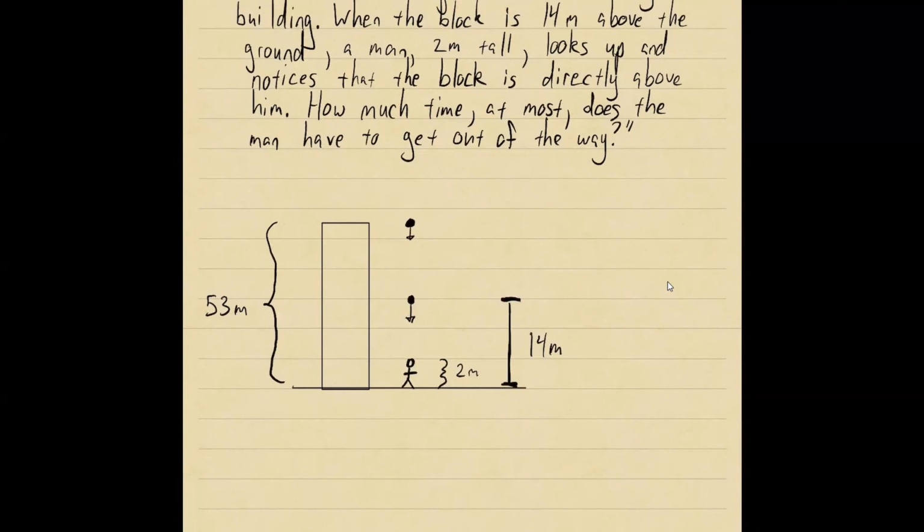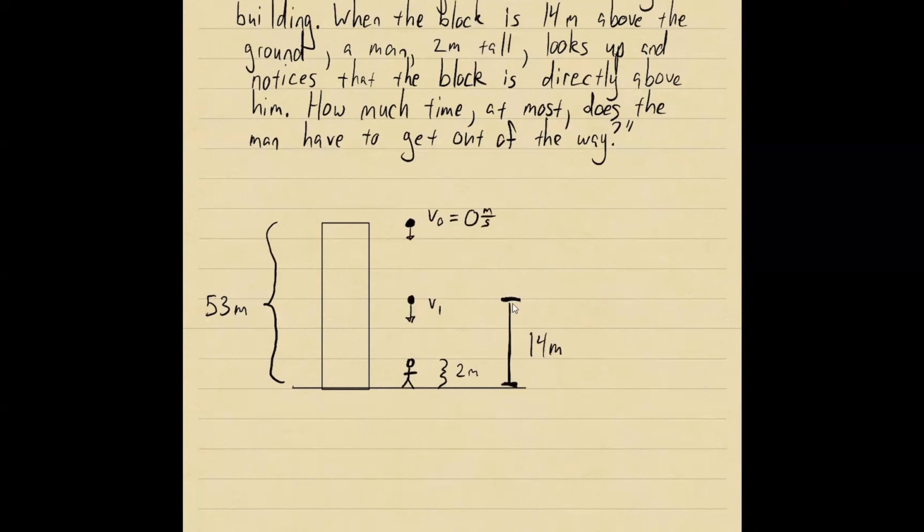So when it gets to that point, the man notices that the rock is falling. So the initial velocity of the rock is said to be 0 meters per second. And it starts falling from rest. And here it's falling with some velocity we'll call v1.